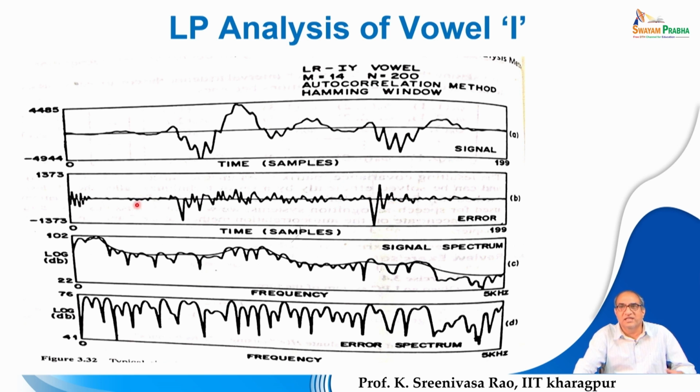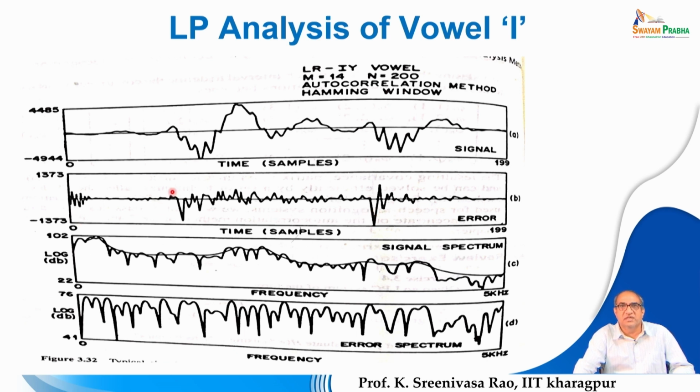It means that in the linear prediction analysis, we try to predict the speech signal as far as possible using the linear prediction coefficients, and this signal is the prediction error. That means in the prediction process, this is the error that was observed.